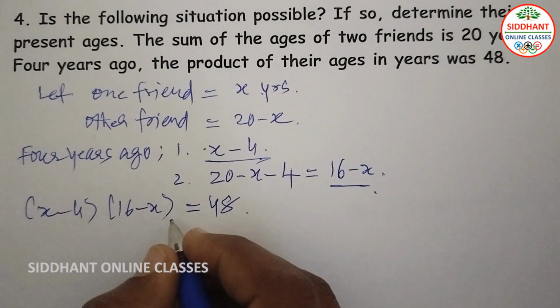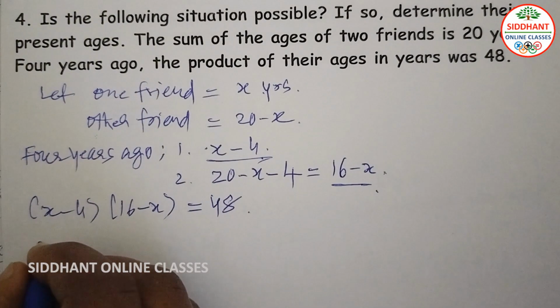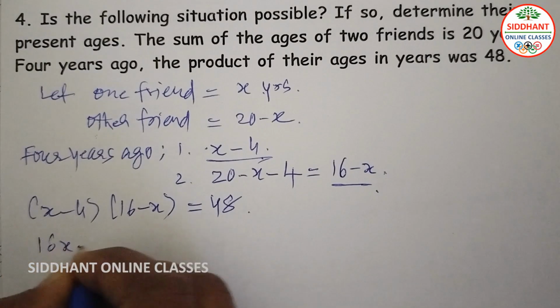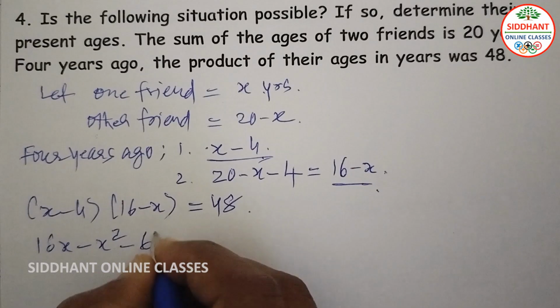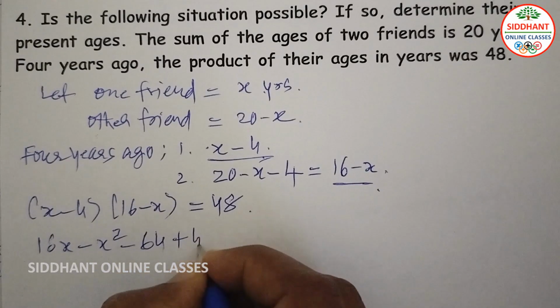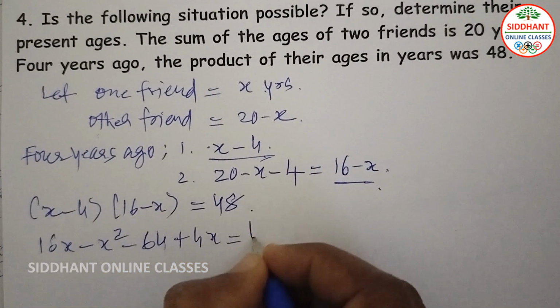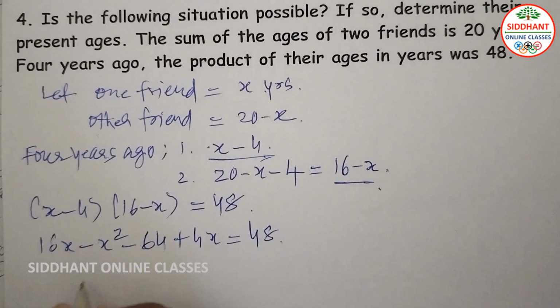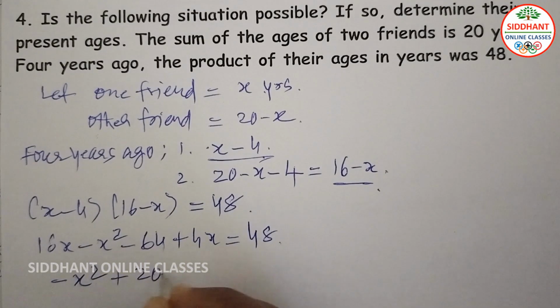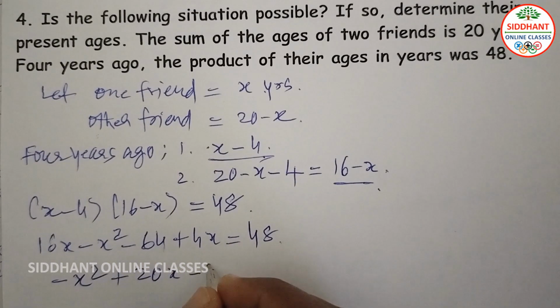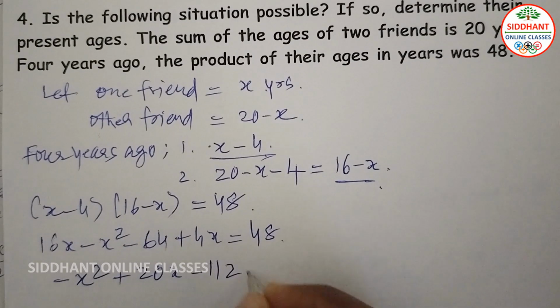So when you are going to simplify here, 16x minus x square minus 64 plus 4x equal to 48. So here minus x square plus 20x minus 112 equal to 0.